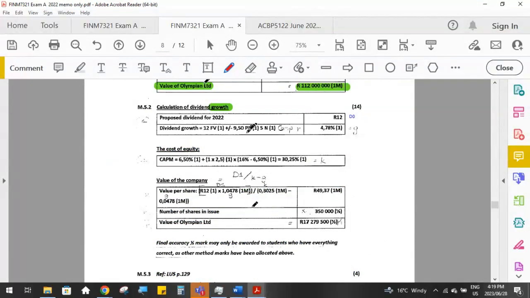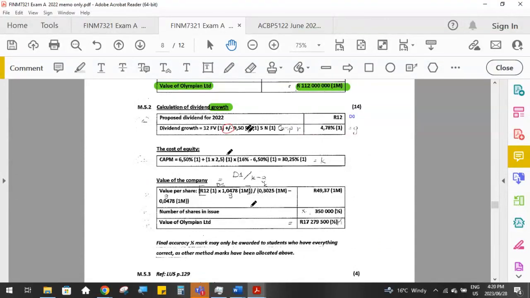Remember always, whenever you enter any amount into the present value key of your financial calculator, you must indicate it as a negative amount. It must have a minus. The way we do that is you type 9.5 and then press the key that has the plus over minus sign on it.